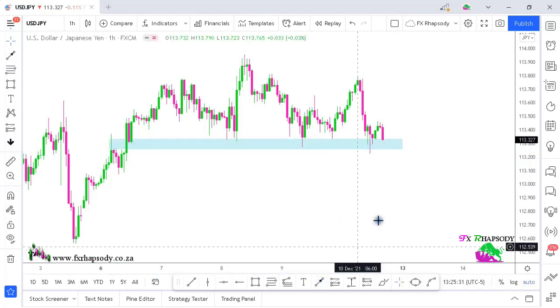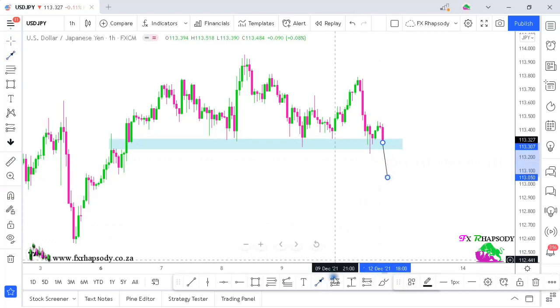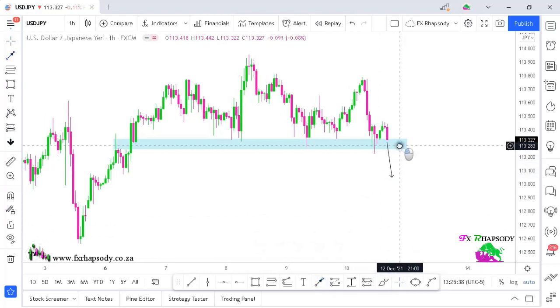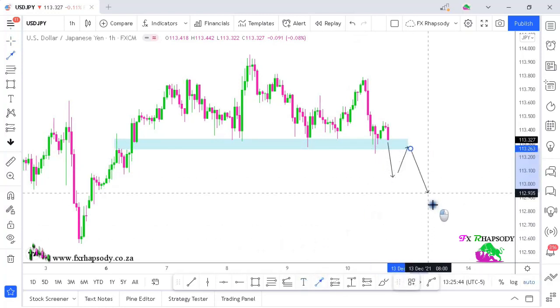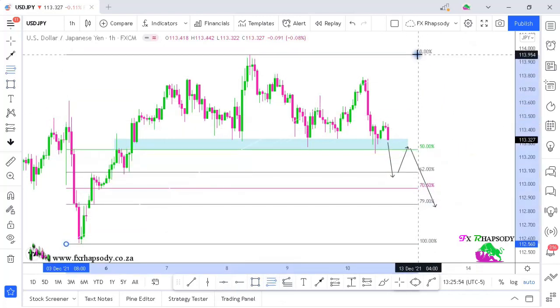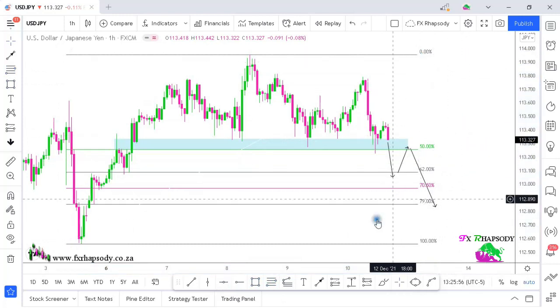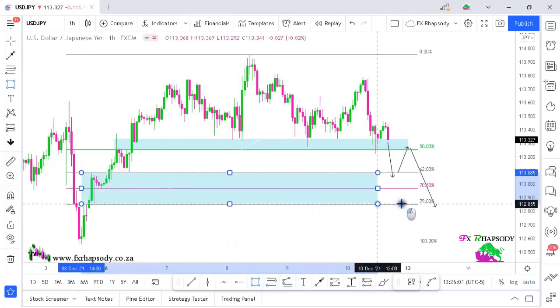So I would like to see price breaking this area, coming back to retest this key area, and then I would like to see that movement to the downside, because if I pull my Fibonacci from this swing low here to that swing high over there, my area of interest is going to be somewhere around there.